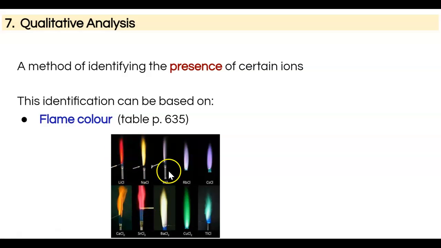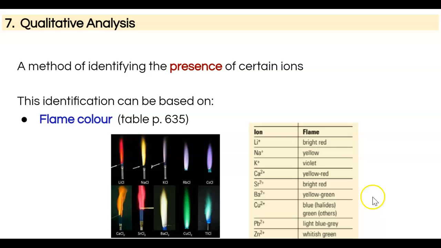And maybe even the potassium, which was a violet lavender color. And then our copper ion, which was a bluey green color. The back of your textbook also has a table that identifies flame color, because looking at the color that we perceive of that flame is one method of qualitative analysis.